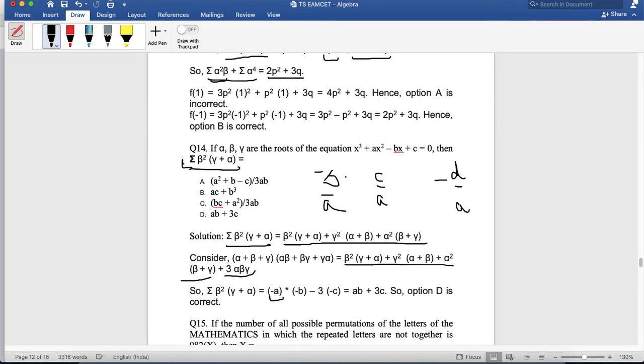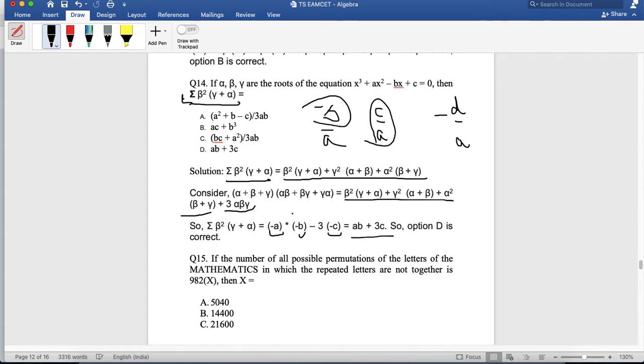So in this case, b is a, so minus b will become minus a, and a is 1. So this will be minus a. And c by a will be, c is b, so b. And minus d by a, sorry, d is c, so this will be minus c by 1, or minus c over here.